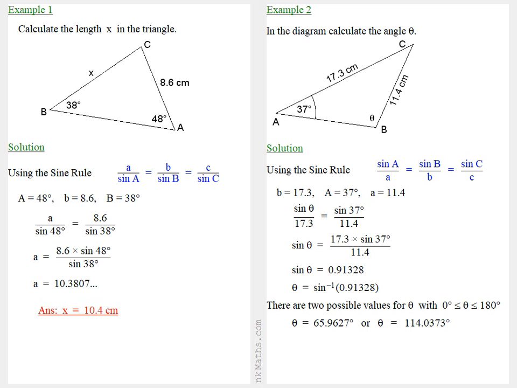But there is another answer, which is 180 minus theta, which is 114.037 degrees. If we look at the diagram, we see that the angle theta is actually an obtuse angle. It's bigger than 90 degrees. So the answer that we want is theta equals 114.037 degrees, or rounding it off to one decimal place, theta equals 114.0 degrees.